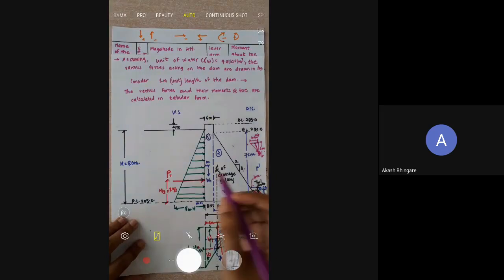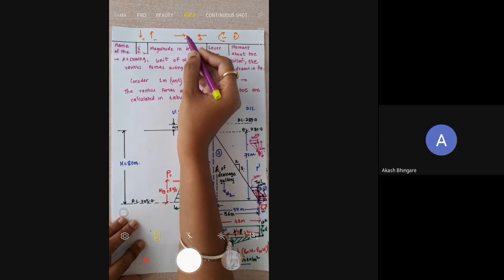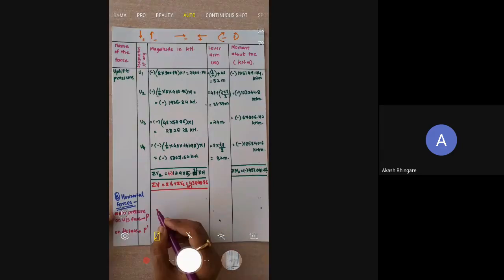This force is acting towards the dam portion, so here this is towards right. What is the sign that I have to write over here now, plus or minus? Yes, Vinayak, you are absolutely correct. Vinayak, Shweta, Romana, all of you are correct. It is minus.